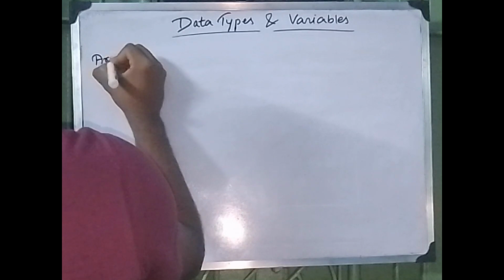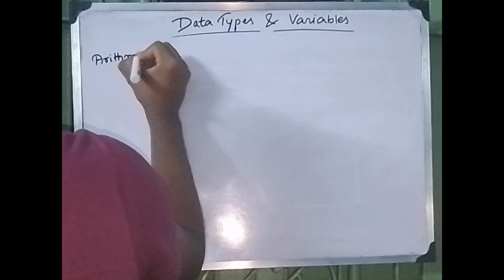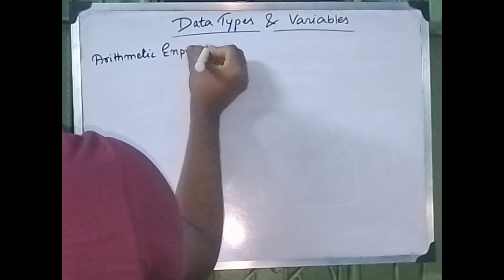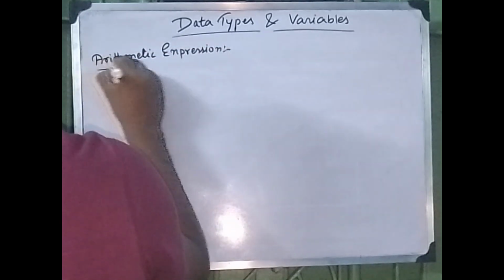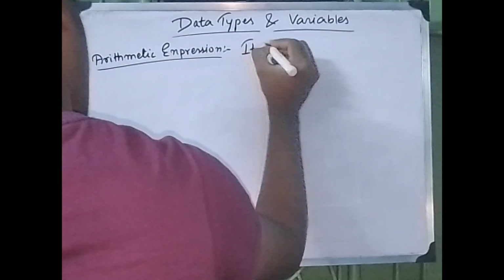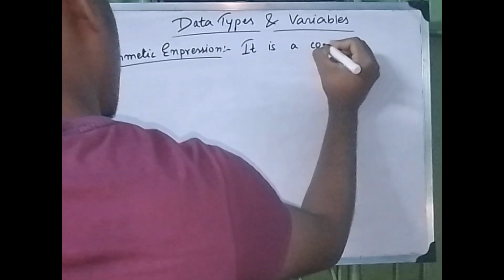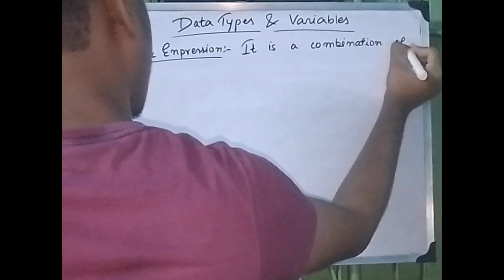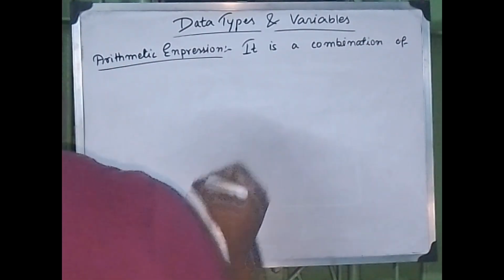Now let's move on to our next topic, that is arithmetical expression. An arithmetical expression is nothing but a combination of variables, constants and operators.